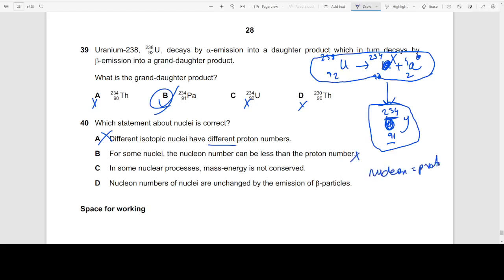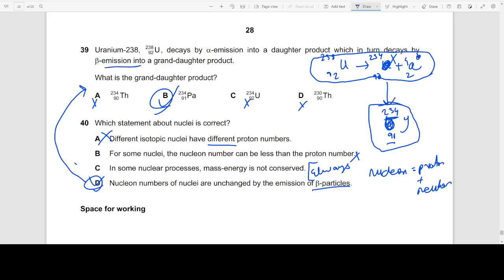It's proton plus neutron. In some nuclear processes mass energy is not conserved. Mass energy is always conserved, along with momentum and spin. Nucleon numbers of nuclei are unchanged by emission of beta particles. That's correct. We can just refer from the last question.